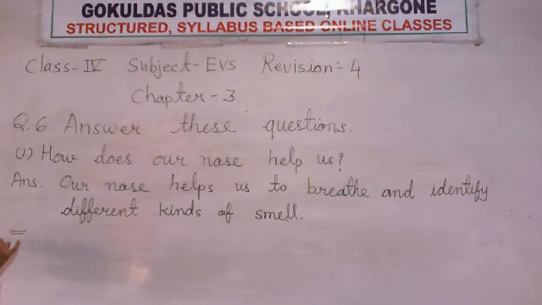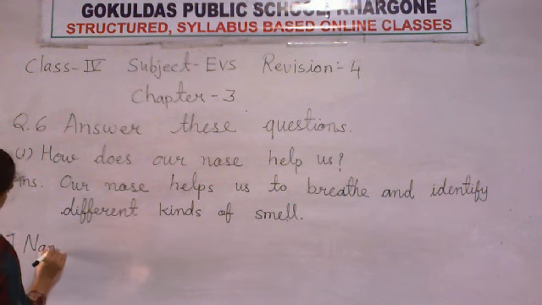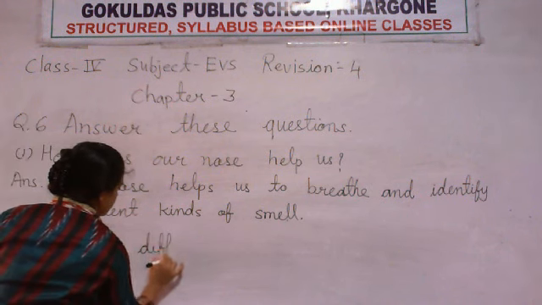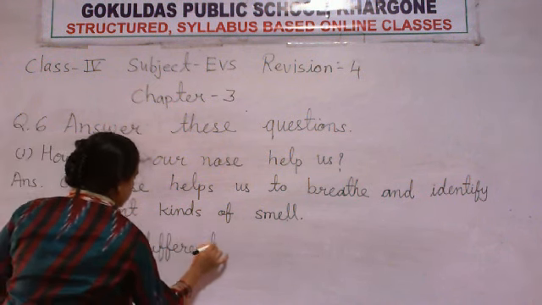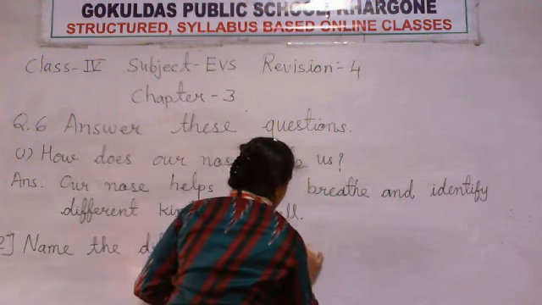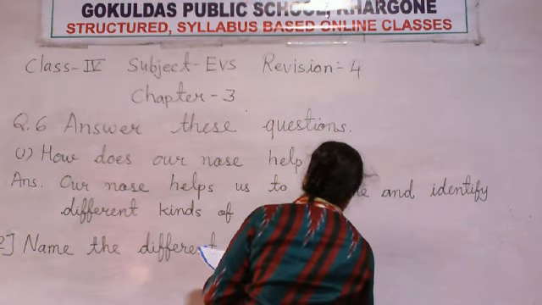Now the number 2. What is the number 2? Question number 2. Name the different parts of eyes. This is the extra question.